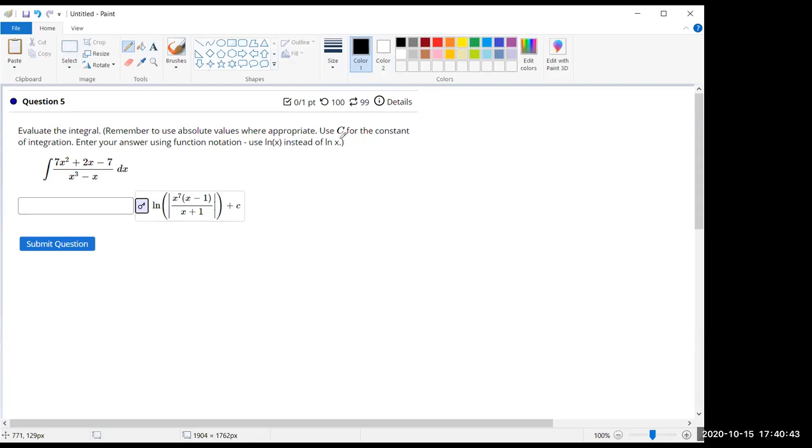So first things first, do we need to do long division here? Right, we do not, because the degree in the numerator is less than the degree in the denominator, so we don't need to do long division. We can just go straight to partial fractions. Before we start, we have to factor the denominator, so let's do that.